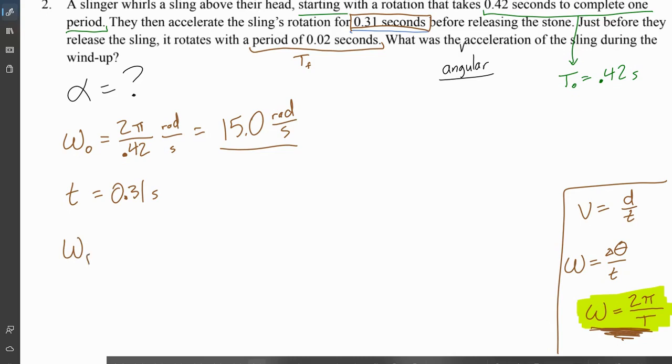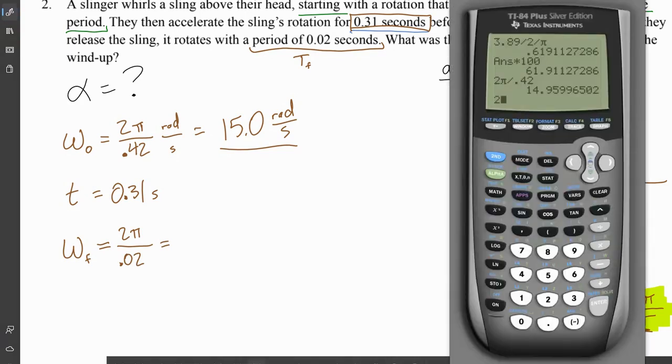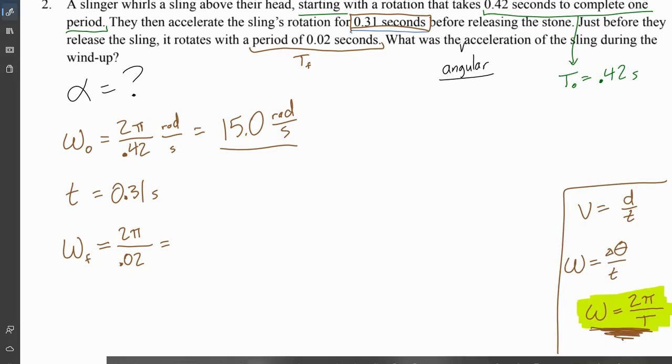Final period corresponds with angular velocity final, so omega final is 2 pi, the angular displacement of one circle, over the time it takes for one circle. 2 pi over 0.02 gives us 314. This is omega final. Remember, angular velocity is in radians per second. Okay, so there's our three givens.